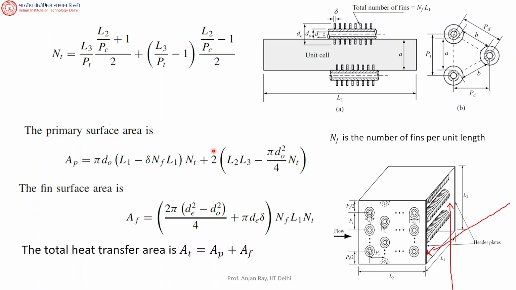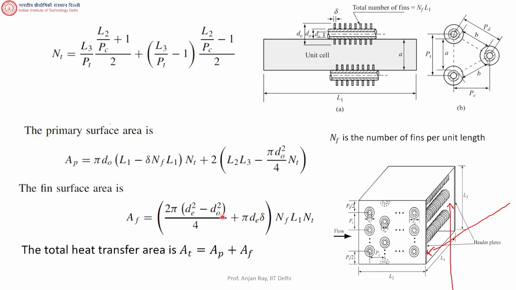And why is this 2? Because there are two surfaces, two inside surfaces of the box. So at these inside surfaces also some heat transfer takes place, because the gas will see the inside surfaces of the box also. Okay. Right. And then this is the fin area.